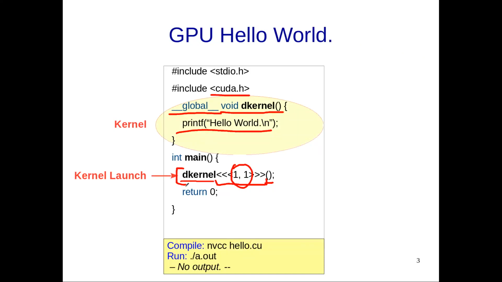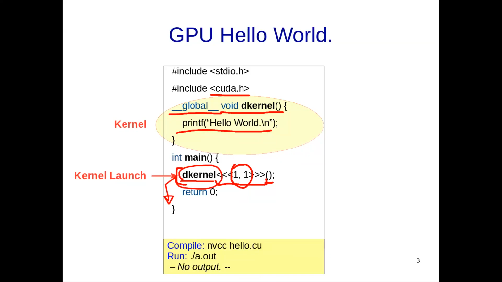It means that the CPU is going to launch this kernel and just move ahead with its execution. So there is an asynchronous call to the GPU kernel, and the printf output written by the kernel might not be visible by the time the CPU finishes its execution, and therefore there may not be any output.